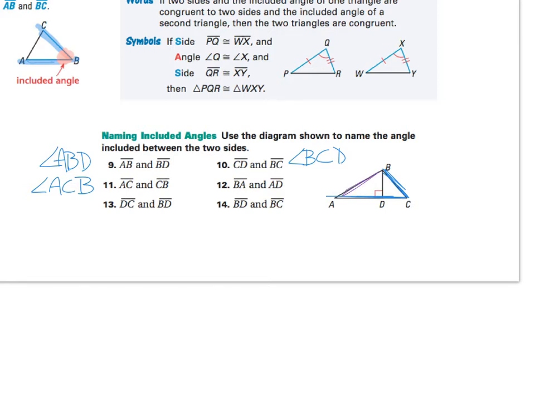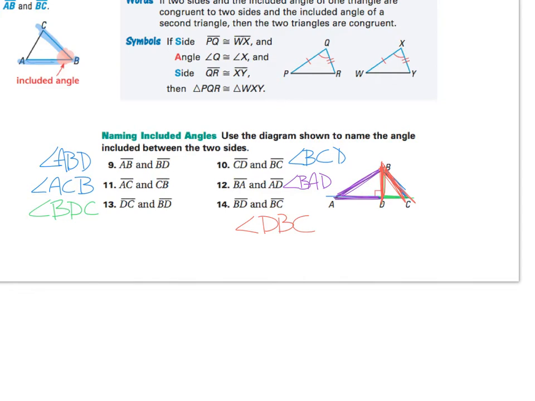BA, I'm going to write in purple, and AD is angle BAD. DC and BD, angle BDC. And BD and BC is angle DBC.